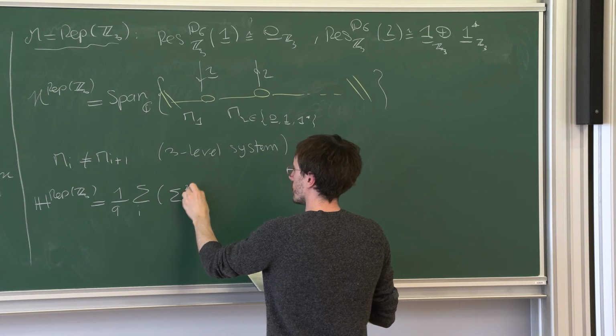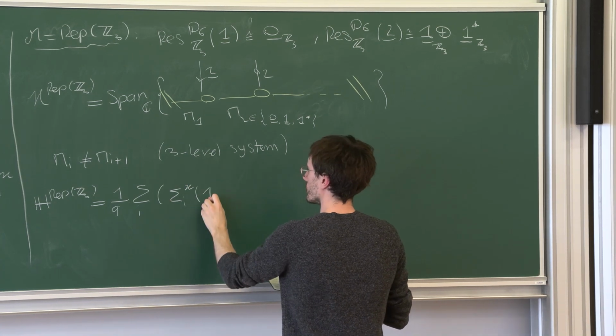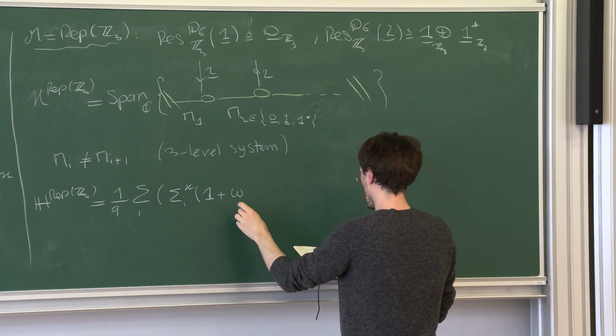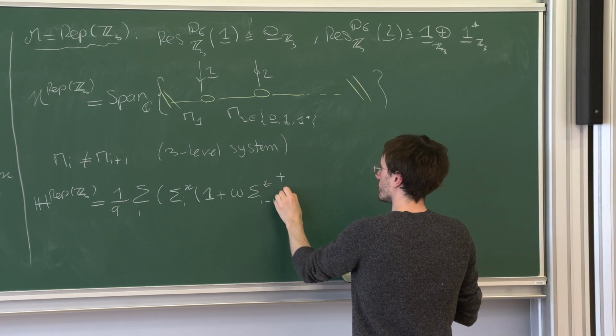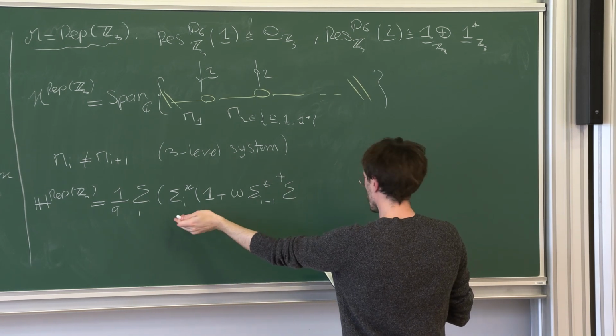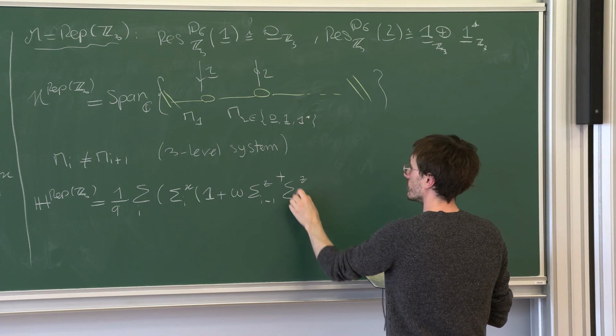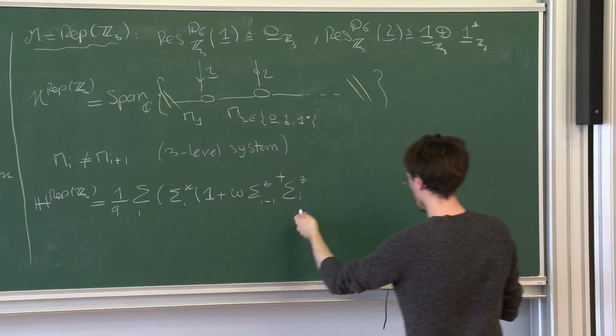I'm going to use this sigma because these are the clock matrices. So this is really just the non-trivial part of the Hamiltonian.